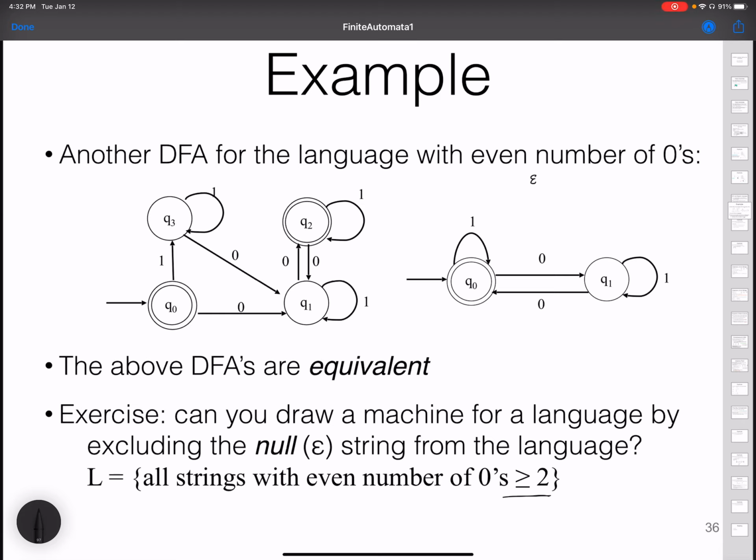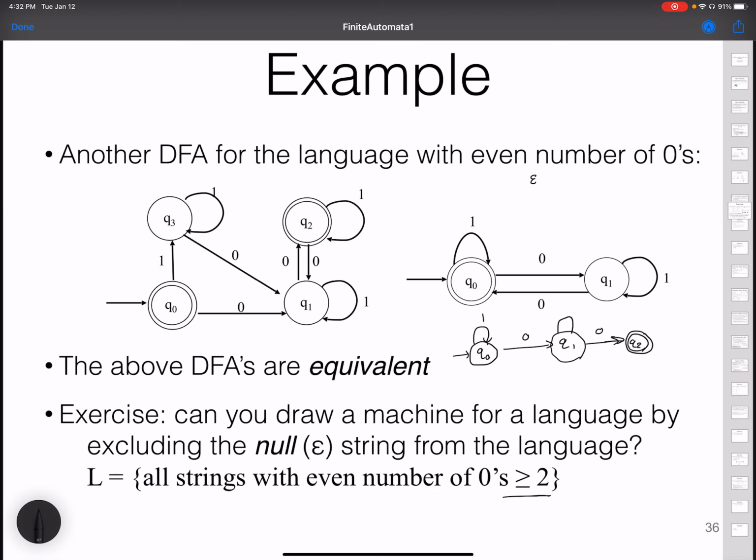One way to write it is, I would make Q0 not an accepting state, and then if you see 1, you would stay because you haven't seen any zeros. On a 0, I'm going to Q1, and from Q1, I would need another state to represent the accepting situation. Let's call it Q2.